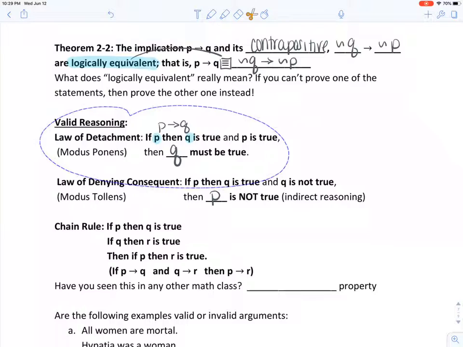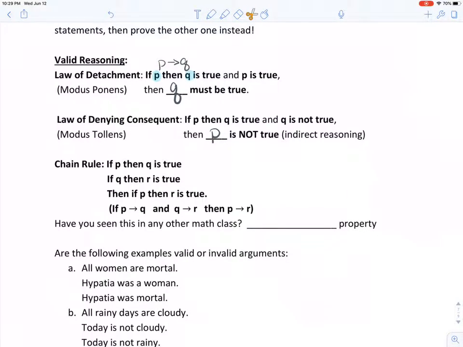And then the last one, the chain rule, says that if P then Q is true, and if Q then R is true, then I can say that P all the way to R is true. That's what the chain rule says.